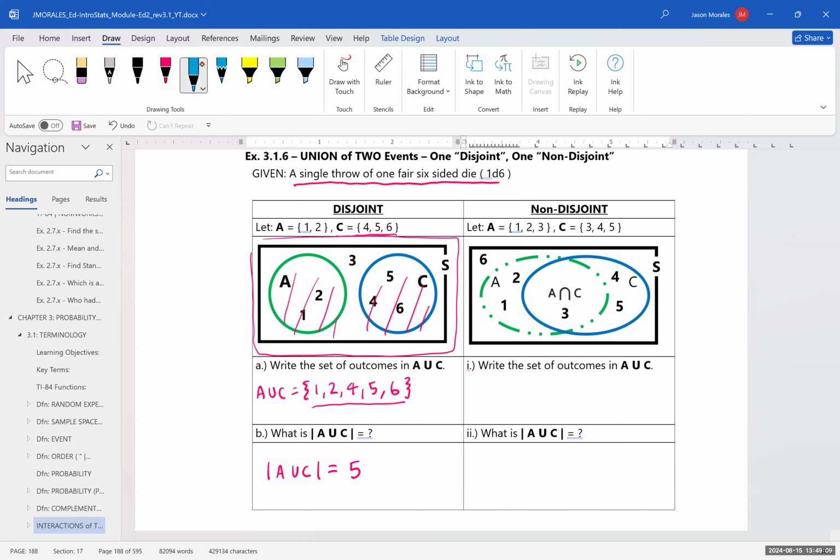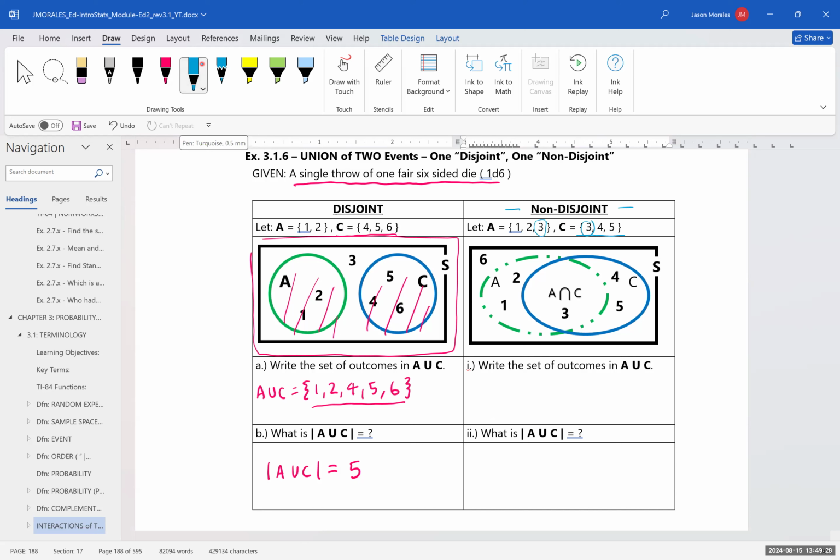All right, let's look over here at a non-disjoint case. A, we're going to define as being a roll of 1, 2, or 3. And C, we're going to define as being a roll of 3, 4, and 5. You can see both A and C have 3 in common.